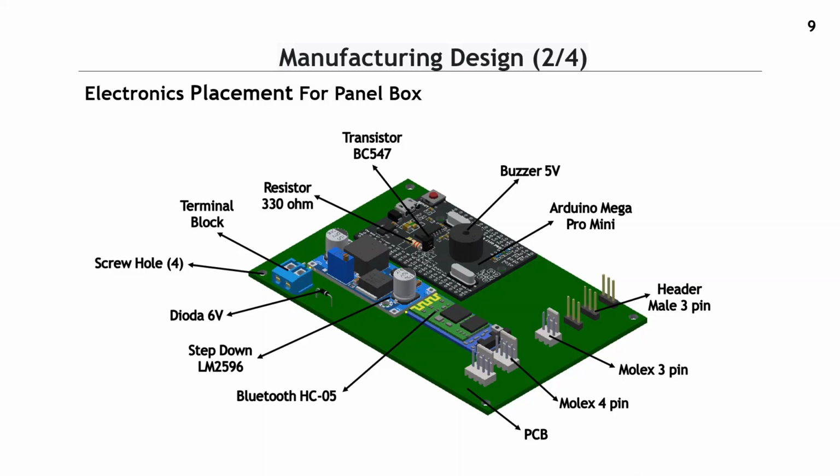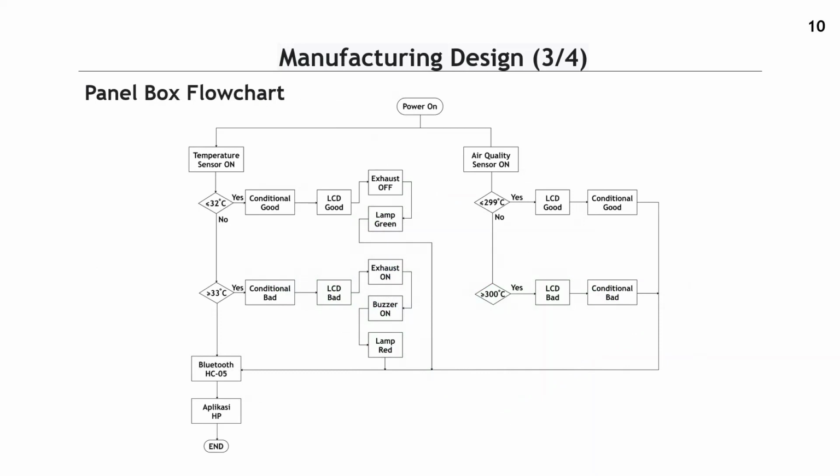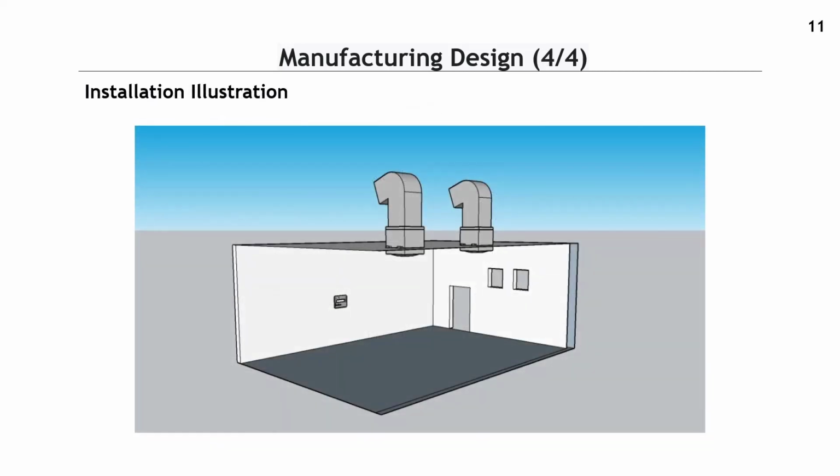And next, manufacturing design 3, this is our guide to programming the panel box, a flowchart. And next, manufacturing design for how we will do the installation of the product in the factory. It will be 2 exhaust fans and a panel box.